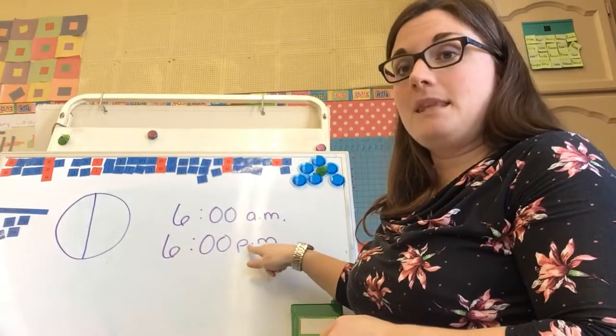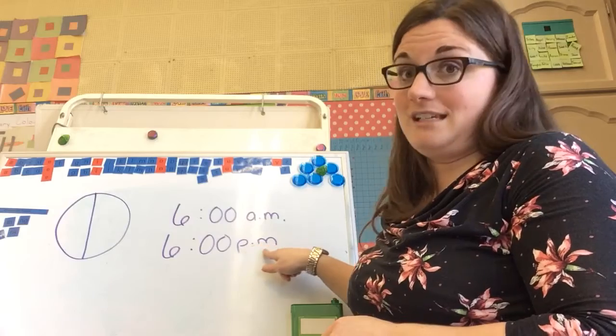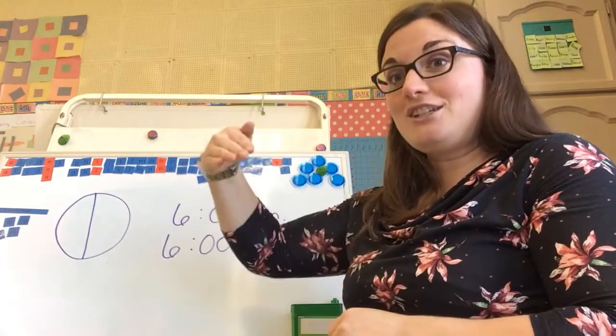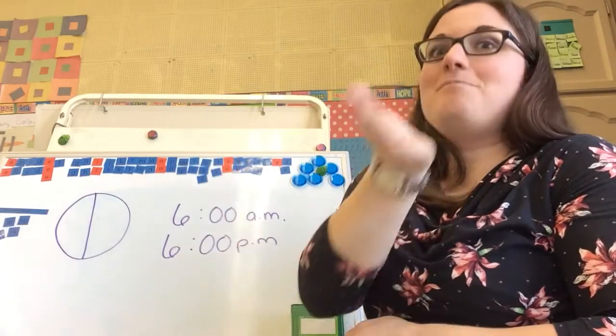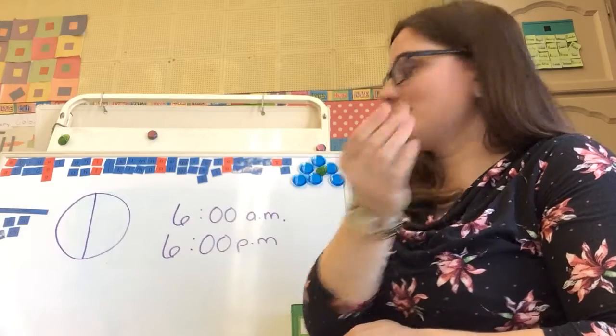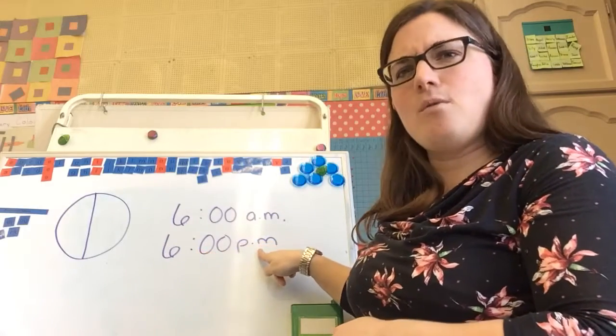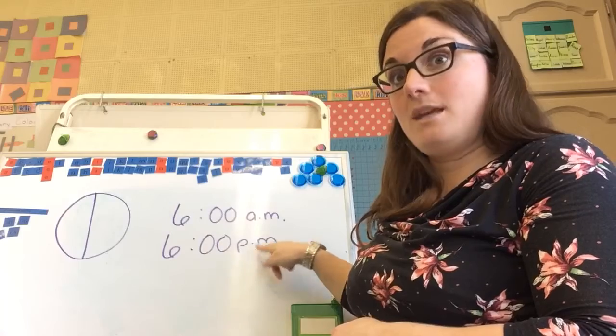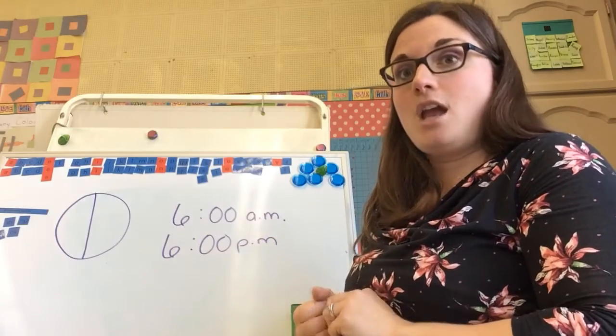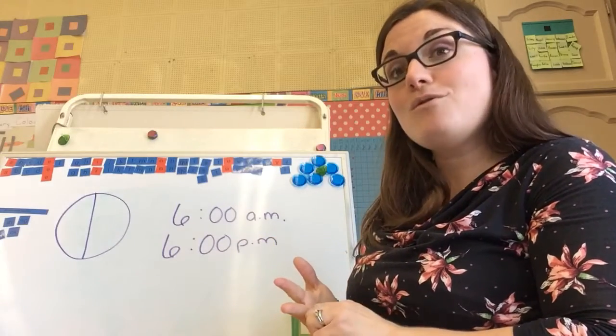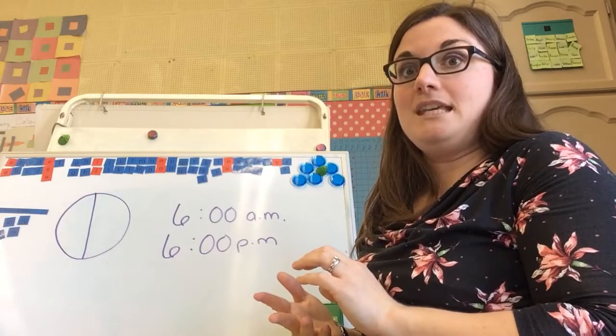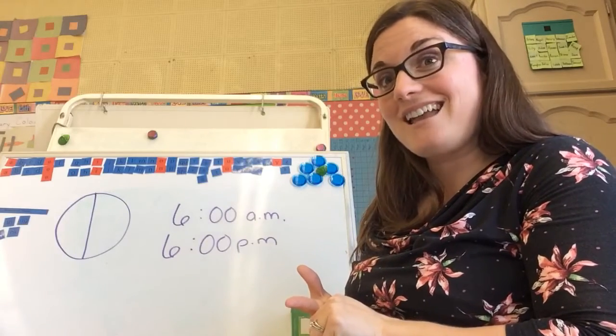6 p.m., the p.m. stands for post meridiem. And that is from lunchtime until midnight when we're sleeping, those 12 hours. So at 6 p.m., what could we be doing? We might be eating supper. We might be starting to watch a movie. We might be riding our bikes outside.